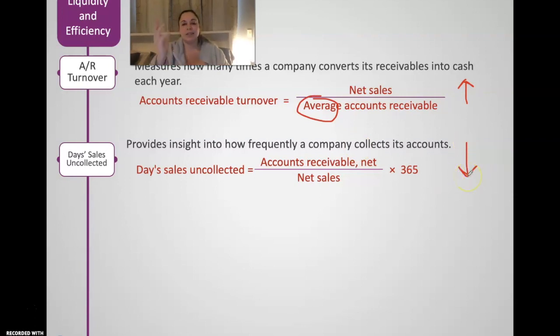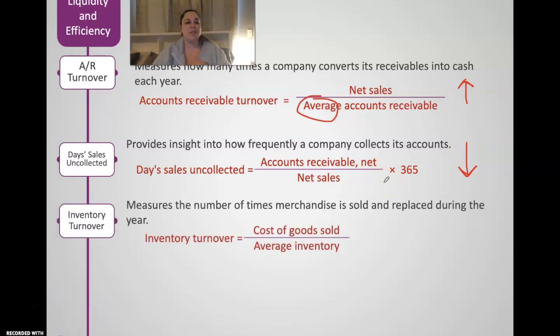Ideally, we want somebody to owe us money for maybe 1 day and then pay us. If it's over maybe 60 days, there's a problem. We're not collecting money in time. If people are supposed to pay us within 30 days, then we always want this number to be under 30. To do this, we take our net accounts receivable, divide by our net sales, times 365.